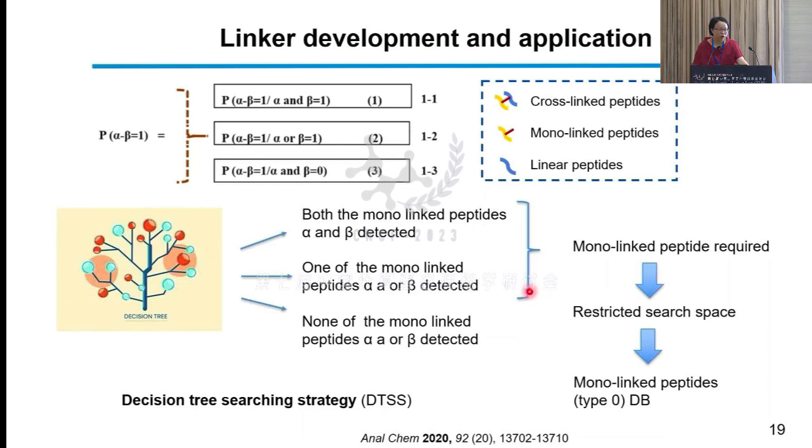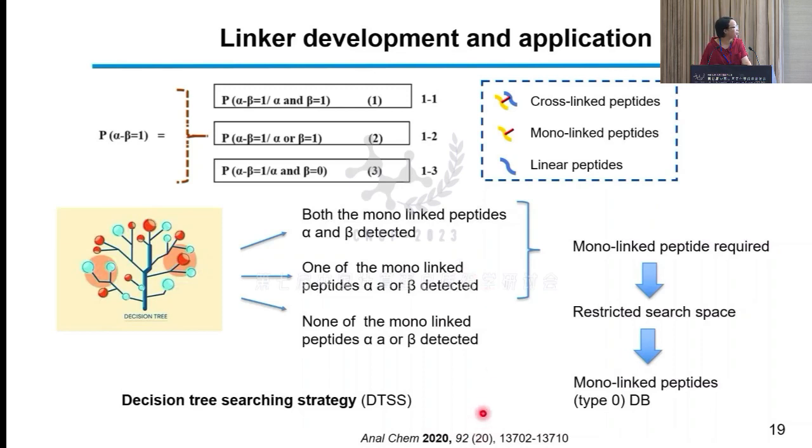Mathematically, if our cross-linked peptides are detected, there are three situations. The first, both of the two mono-linked peptides can also be detected. The second, only one of the mono-linked peptides can be detected. And the third, none of the mono-linked peptides are detected.